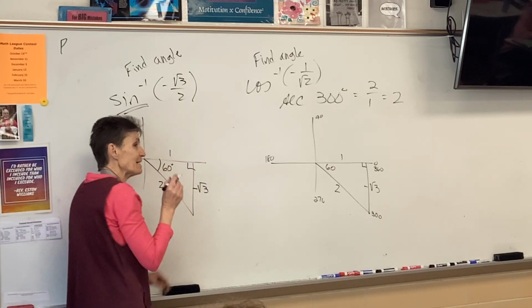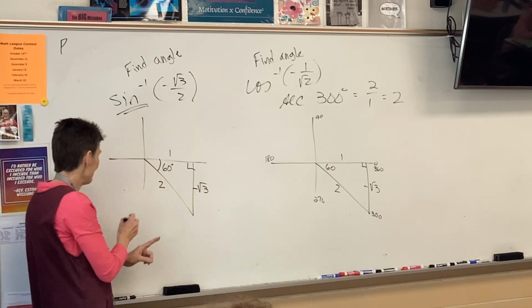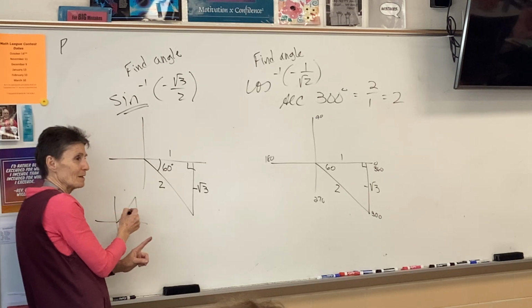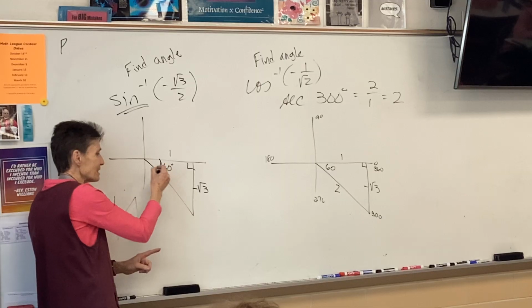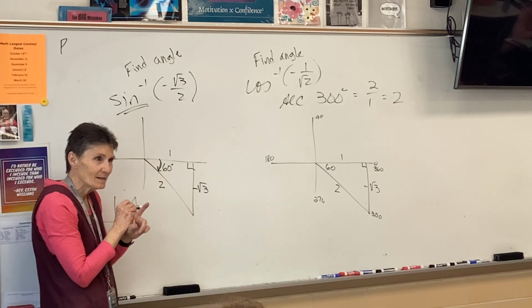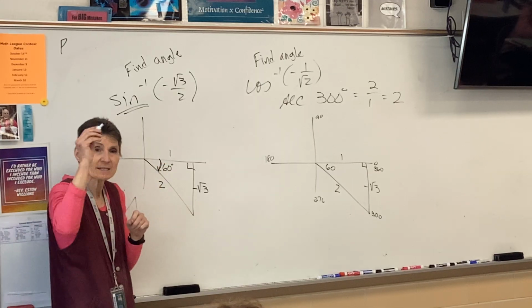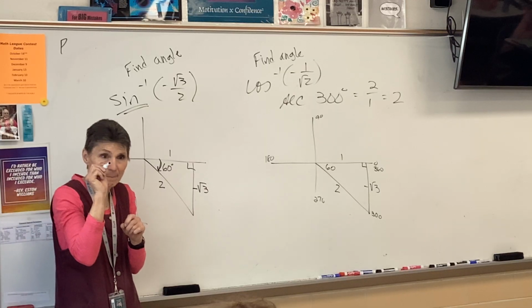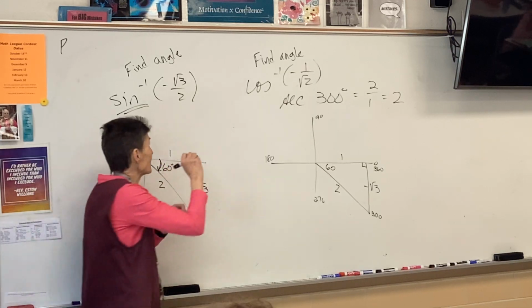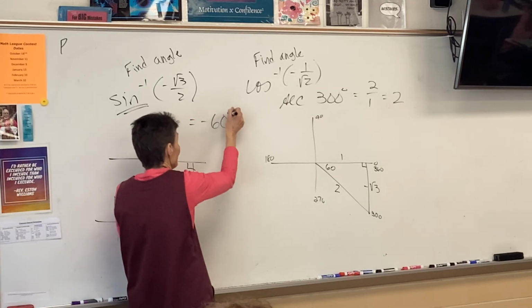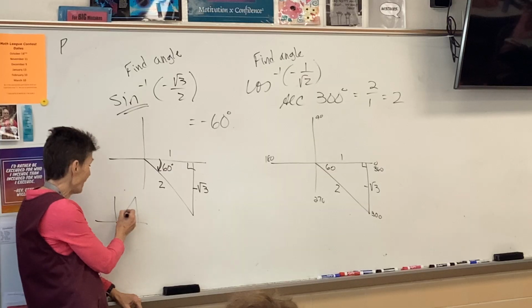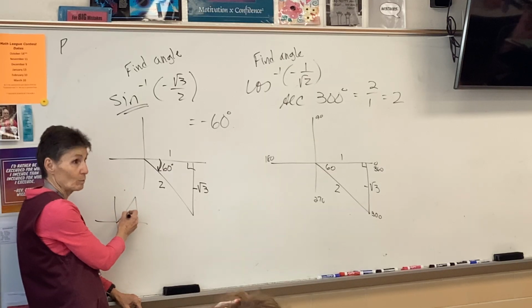But I can't say 60 because 60 would look like this, wouldn't it? This isn't positive 60, this is actually negative 60 because it's 60 degrees coming down instead of going up. So the answer to the problem is negative 60 degrees. This would be positive 60 if I were plotting one.